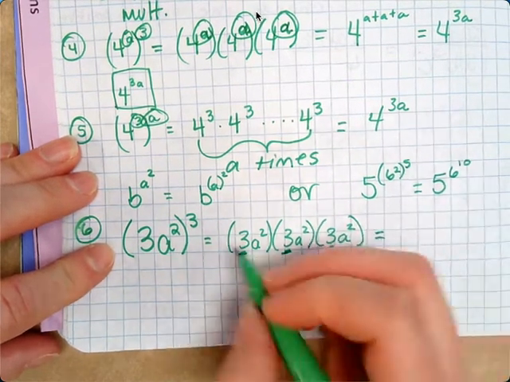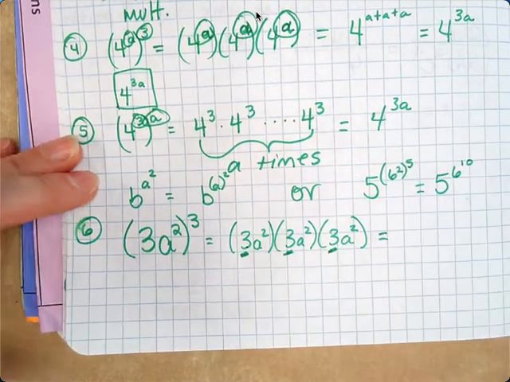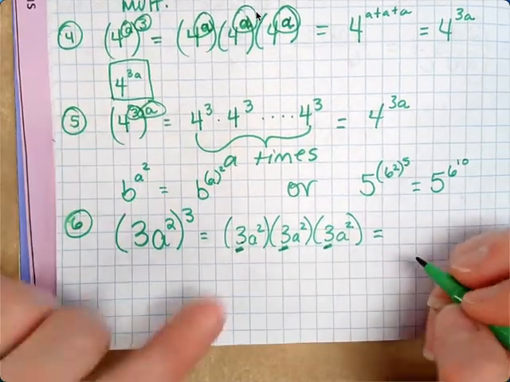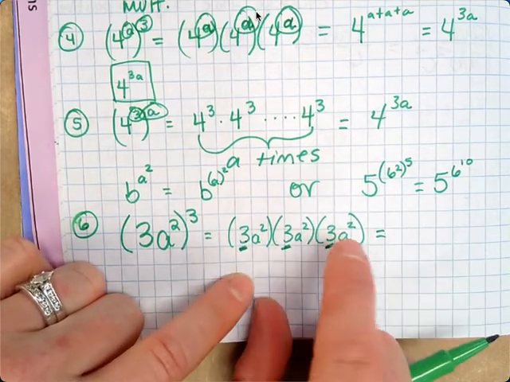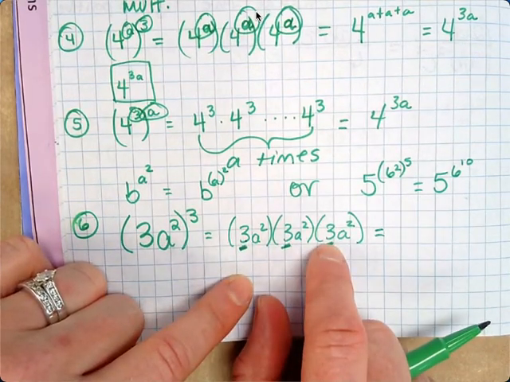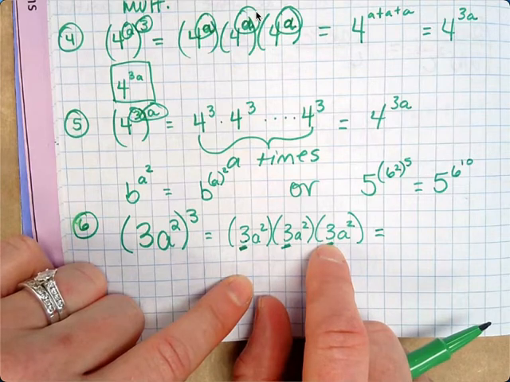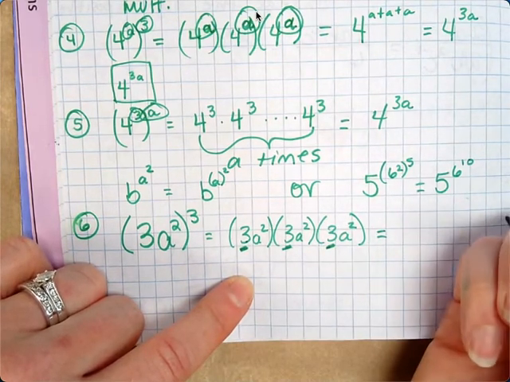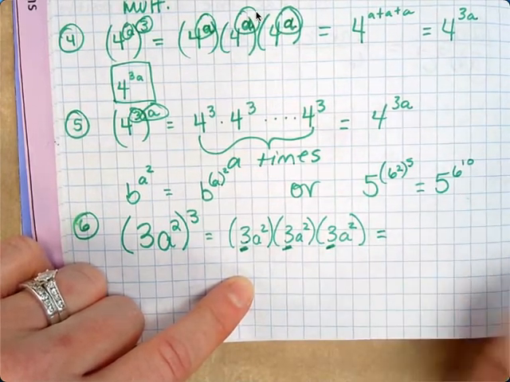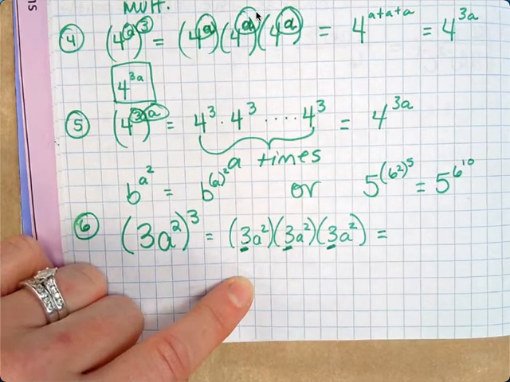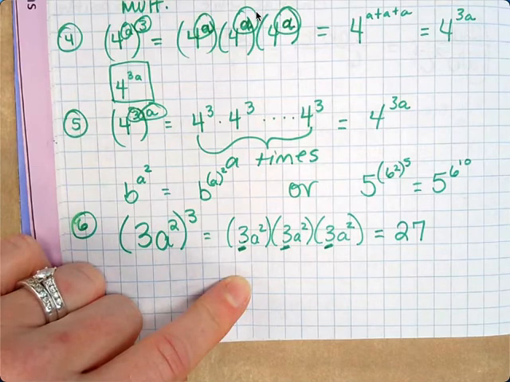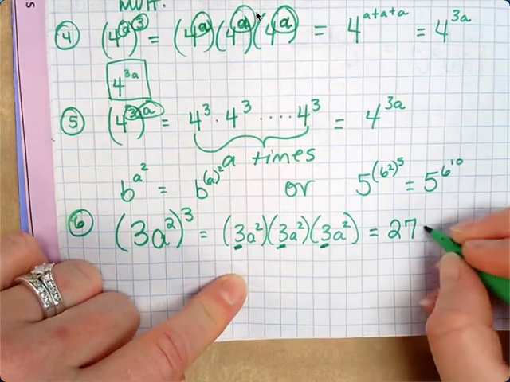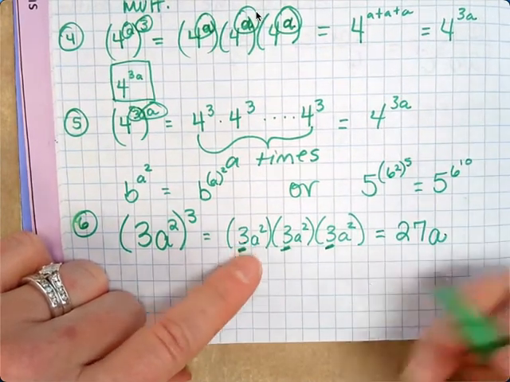So this ends up being 3 times 3. Remember how we can reorder things? You don't have to because we can see it right here. Just 3 times 3 times 3. So that's really 3 to the 3rd. Do y'all remember what that one is? 3 times 3 is 9 times 3 more. 27, yeah. And then what would the a be? A to the 6, yeah.